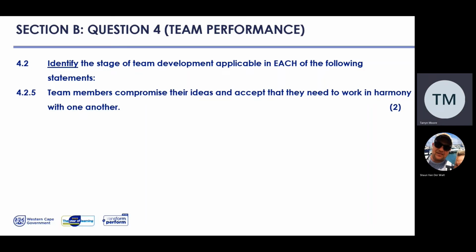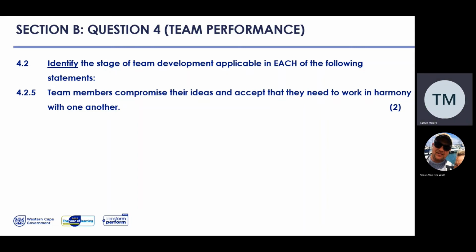4.2.5, I'm still identifying the stage of team development in each of the following statements. Team members compromise their ideas and accept they need to work in harmony with one another. So now I've come together. We are compromising.